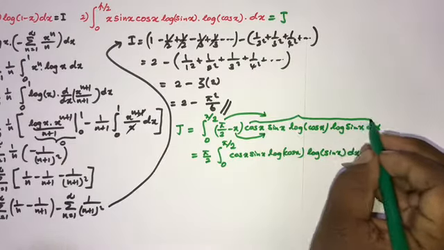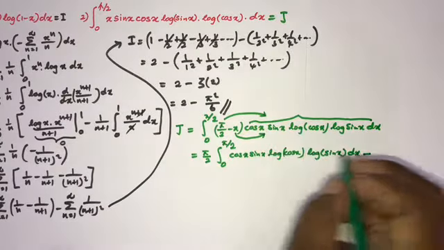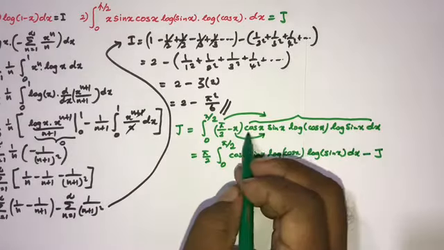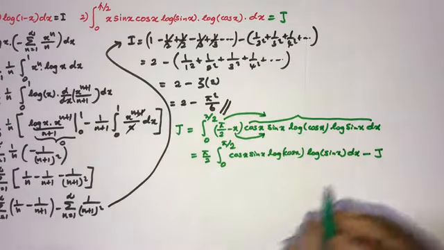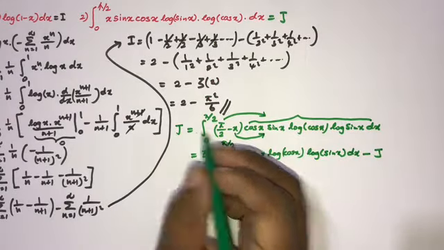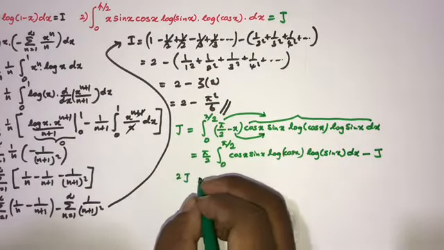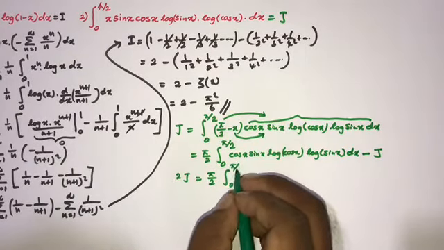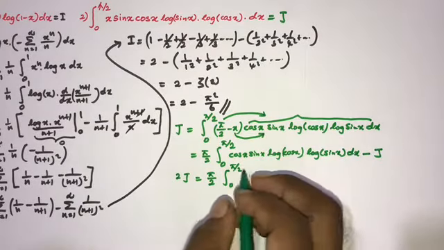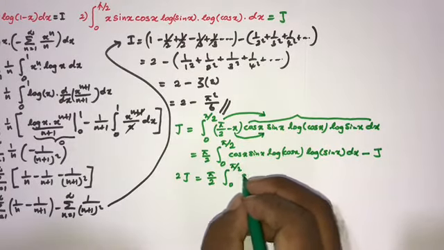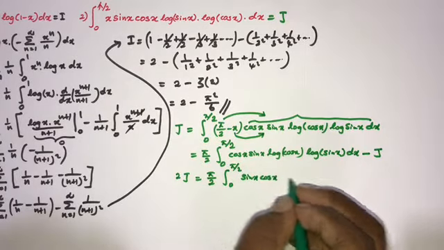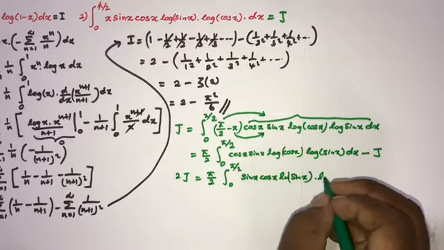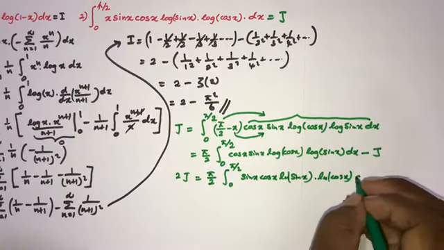We know this is equal to this term, so we can write this is equal to minus J, because here also equal to this integral. So here J, here also J, so 2 times J is equal to π over 2 integral from 0 to π over 2. Here I'm going to arrange these terms like sine of x, cosine of x, natural log of sine of x, natural log of cosine of x dx.